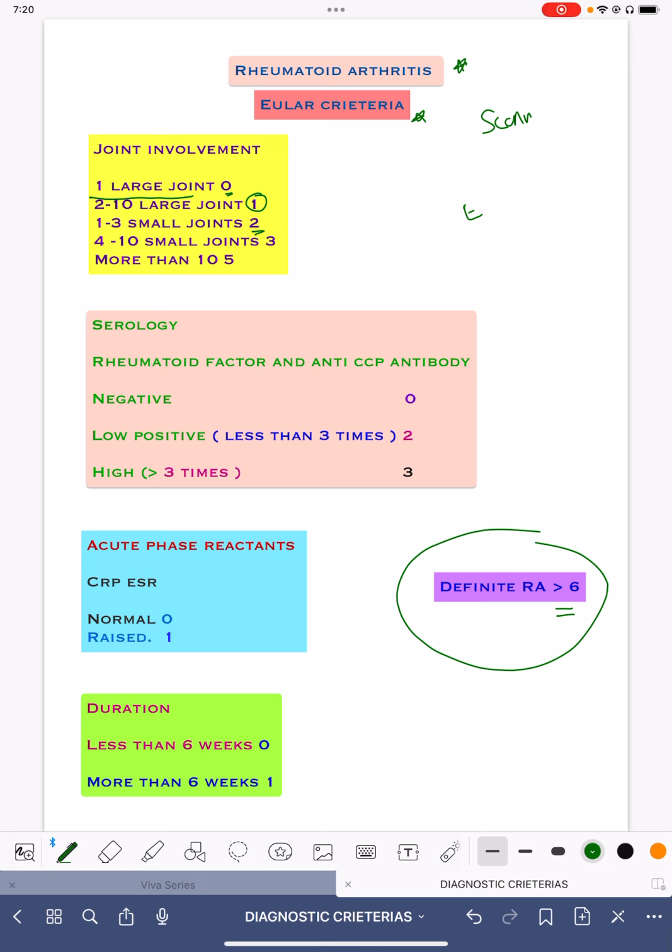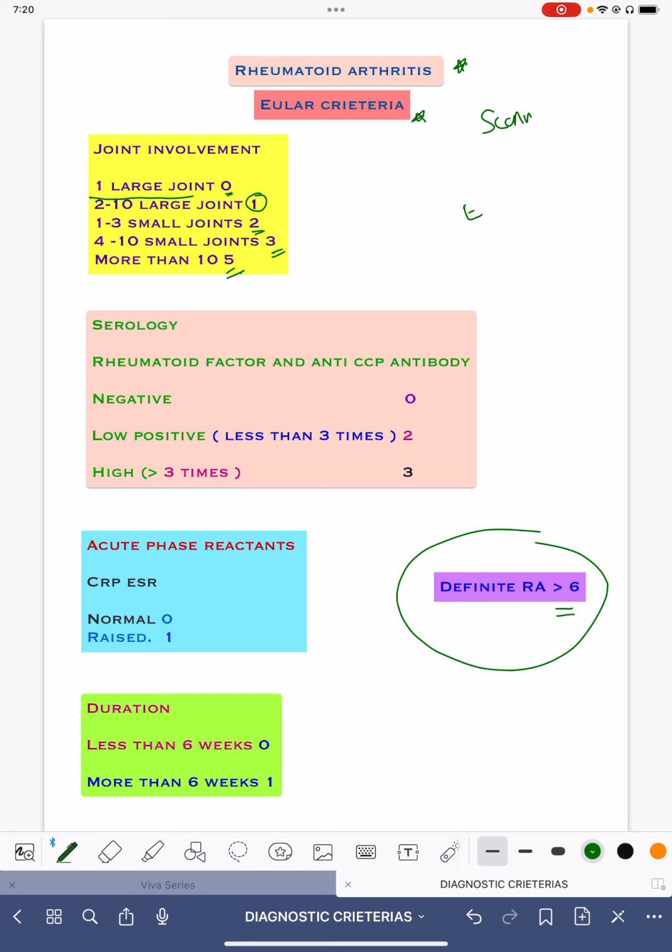If the patient has 4 to 10 small joint involvements, we give a score of 3. And if the patient has more than 10 joints involved, where there can be involvement of large joints, we give a score of 5. So we simply pick a score based on the involvement of joints in the patient.